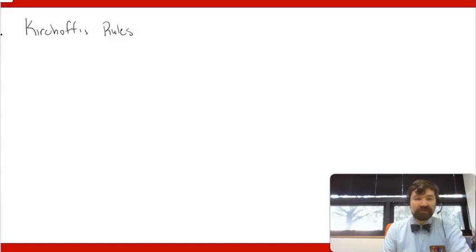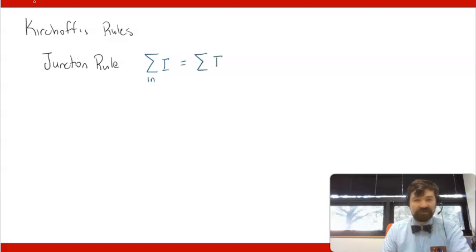Okay, so the first of Kirchhoff's rules is what's called the junction rule. What the junction rule says is that the sum of currents going into a junction must be equal to the sum of currents coming out of a junction. So this right here is actually conservation of charge.